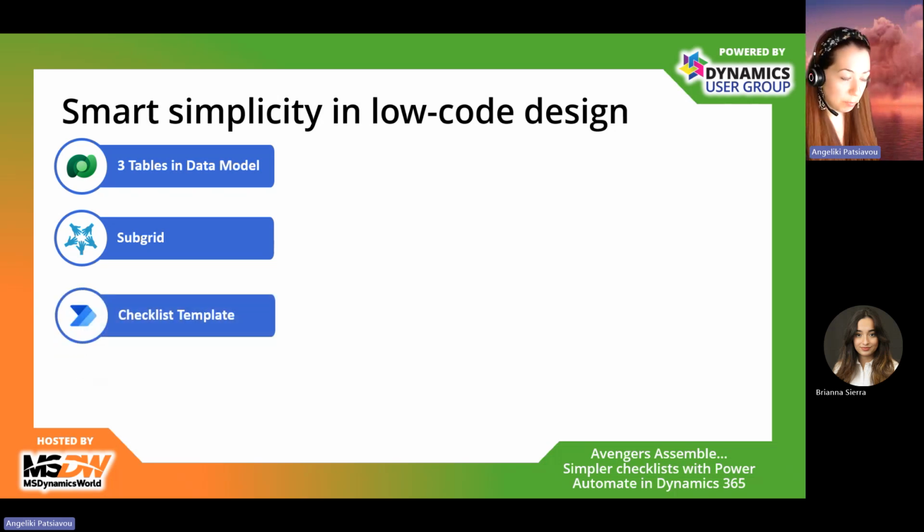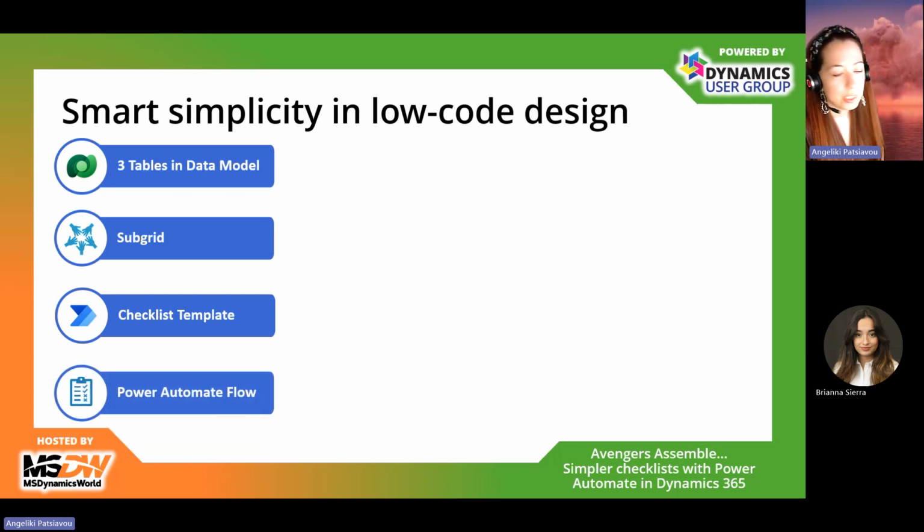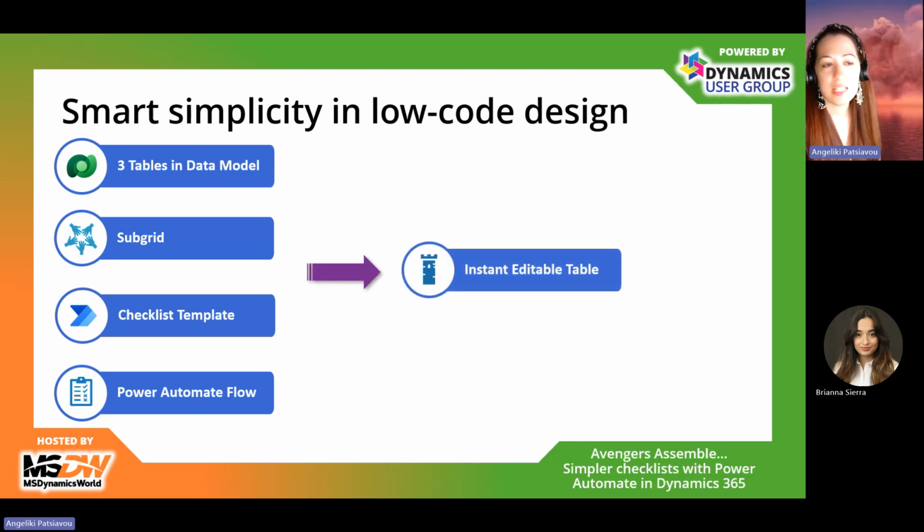Of course, the template table is going to be very important because it's going to lift and shift our golden source of truth data into our subgrid. Of course, this is going to be done through a Power Automate flow. This is how we are using the better together story between Dynamics 365, or generally Power Apps, and Power Automate. And this will give us that instant editable table, that way of giving that accessible solution to our users.